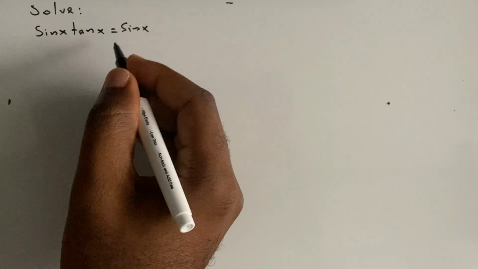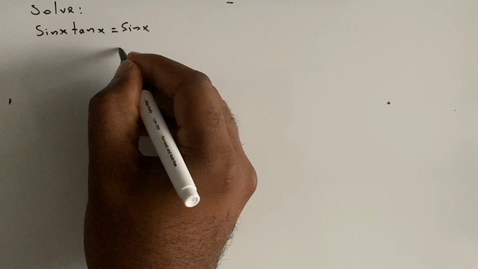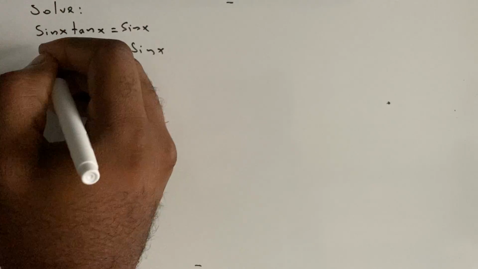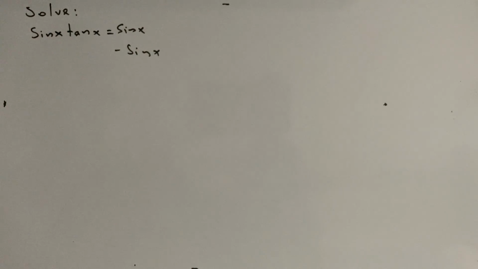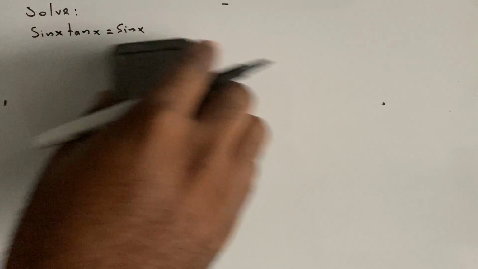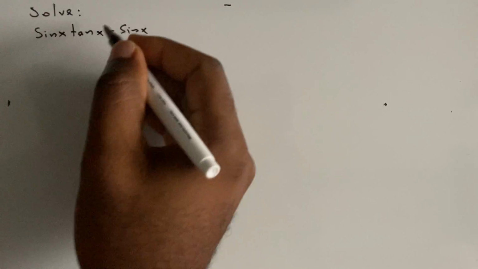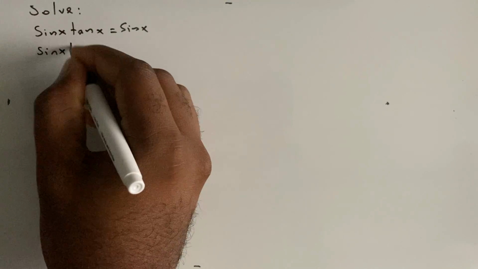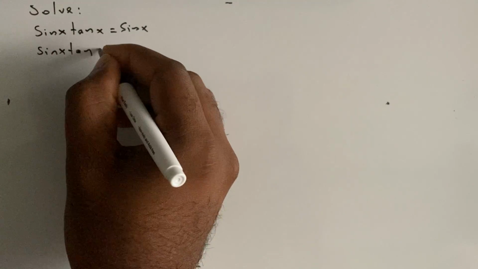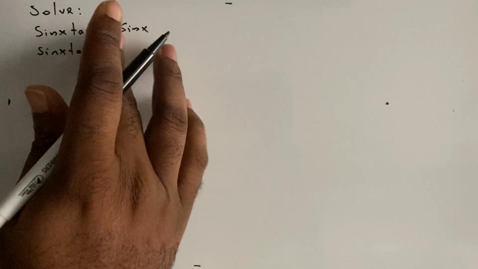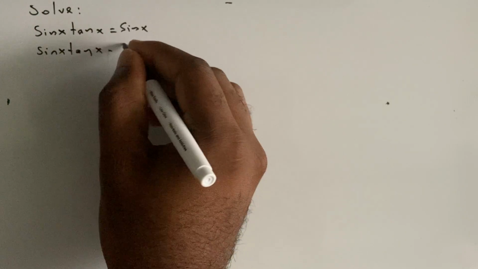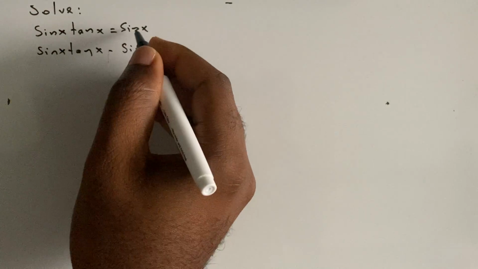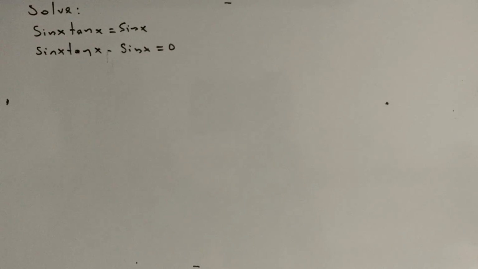So one thing you can do is subtract sine x from both sides. Meaning that you move it over, which I'm just going to do here. I don't have to do these extra steps, so I'll just write sine x tan x minus sine of x equals 0, because I subtract sine of x from both sides.